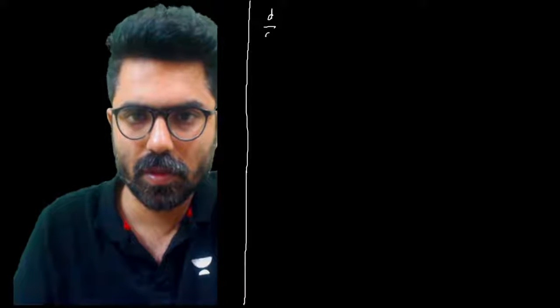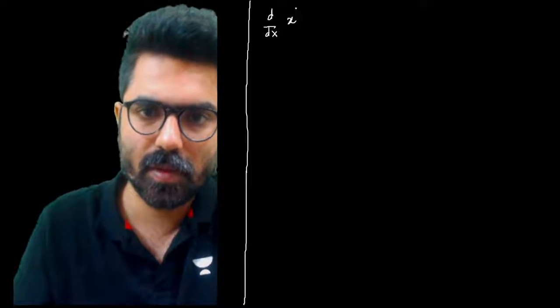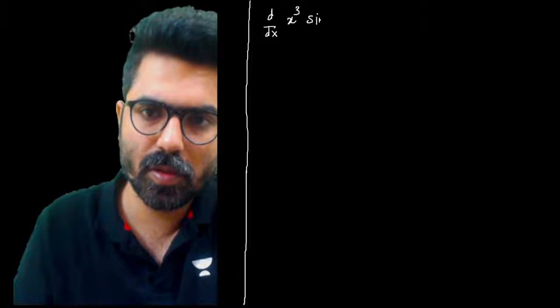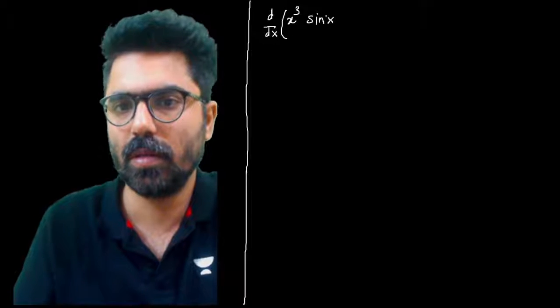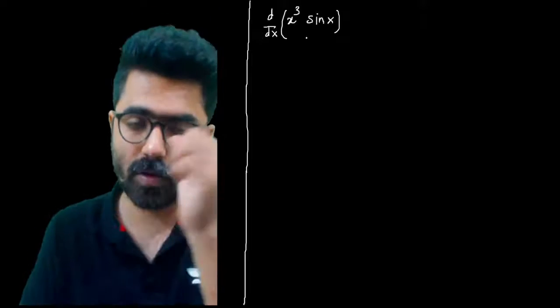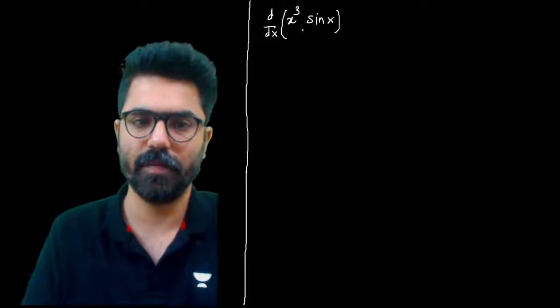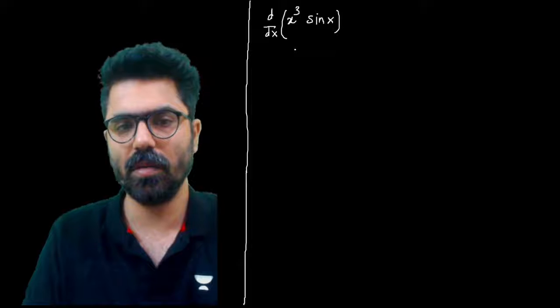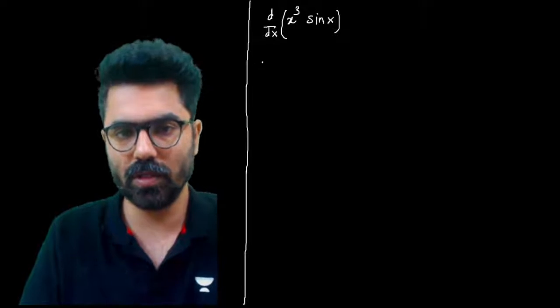Now the next one. Let's practice some questions on the UV rule. The derivative of x cube into sin x. Here the functions are not getting added, they are getting multiplied, so the UV rule is applied.